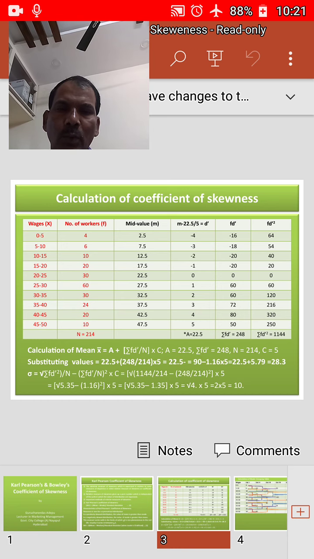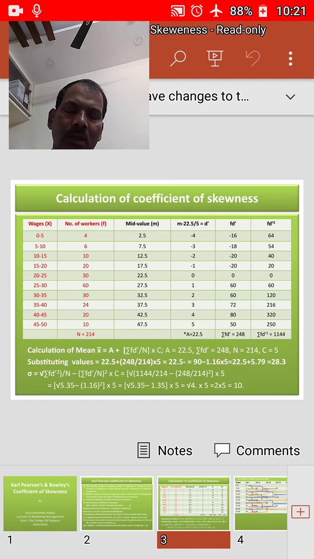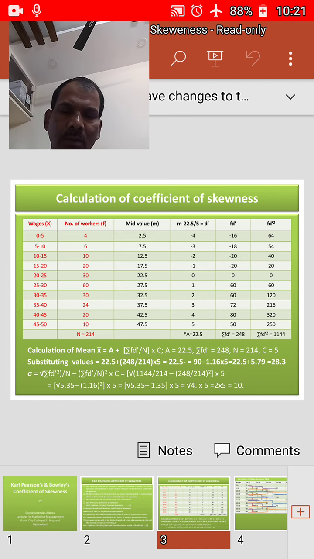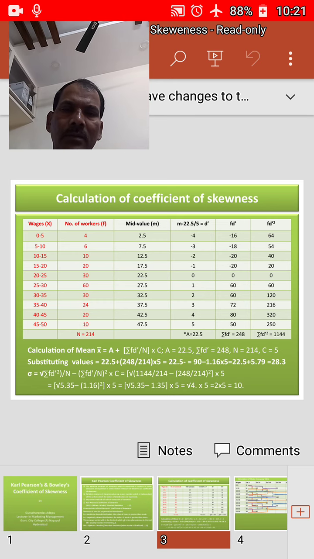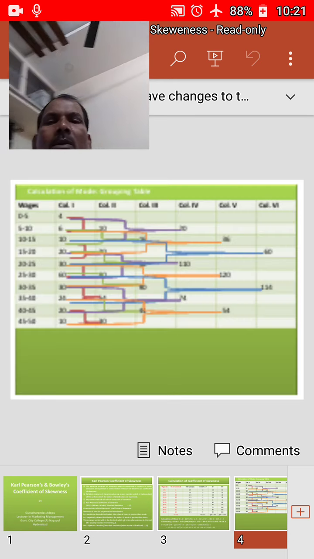Substituting the values in the formula, you will get sigma equal to under root 1144 by 214 minus 248 by 214 whole square, into 5, that is under root 5.35 minus 1.34, into 5. That is under root 4 into 5, that is 2 into 5, which is equal to 10. We got the answer.